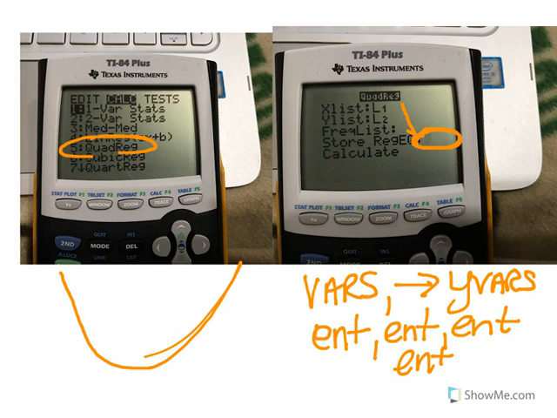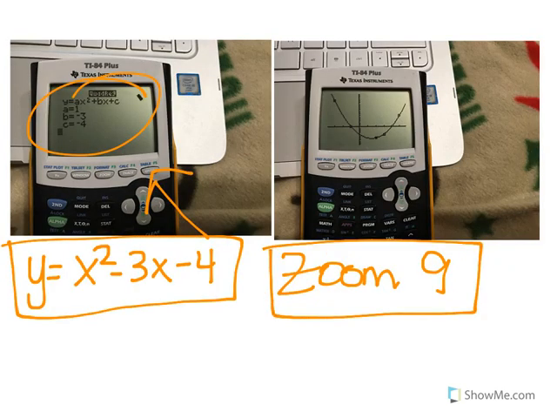We picked number 5 for quadratic regression this time. And then we arrowed down until we got to the store equation and put vars, y vars, enter, enter, enter, enter. And then we got this equation here. And then zoom 9 again to see the equation and how it fits the points. Okay, so there you go.